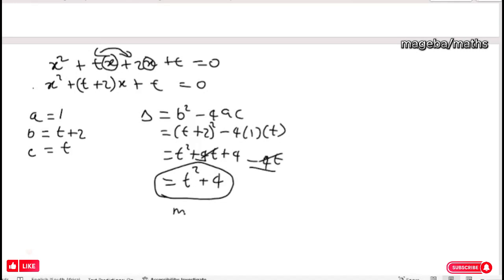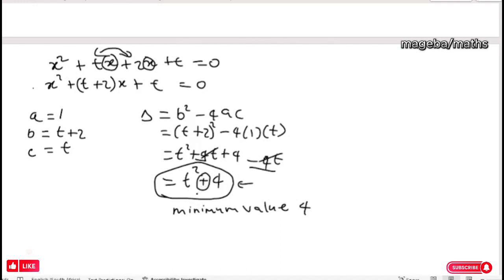Now from here, I hope you see that our minimum value here is 4. So with this as our minimum value, and this having a positive sign, we can't factorize this thing, and we can't say it is a perfect square.